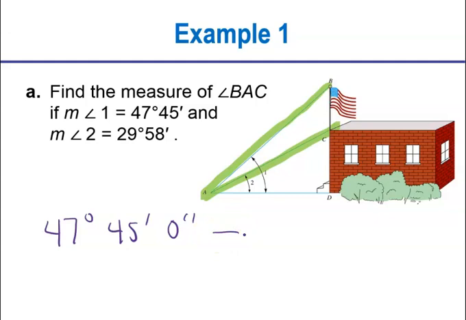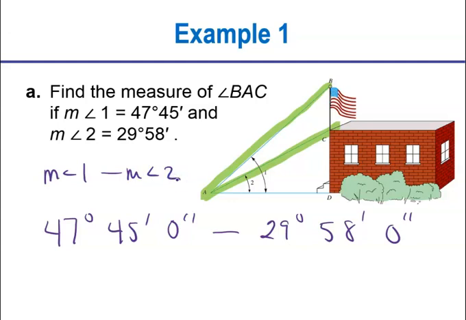Minus angle 2. So that's 29 degrees and 58 minutes and 0 seconds. Again, the only reason I'm throwing those 0 seconds in there is so you could see the notation. That's it. And what are we doing? We're doing the measure of angle 1 minus the measure of angle 2. That's how we're calculating this.